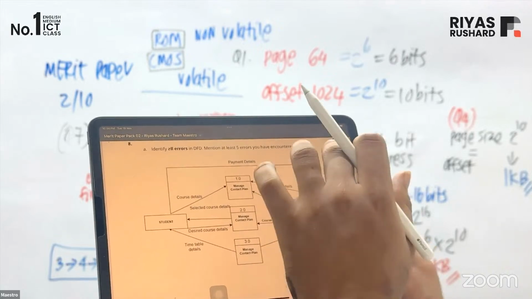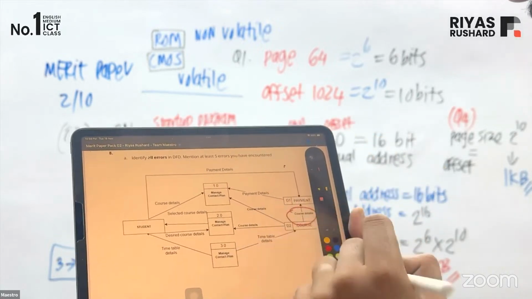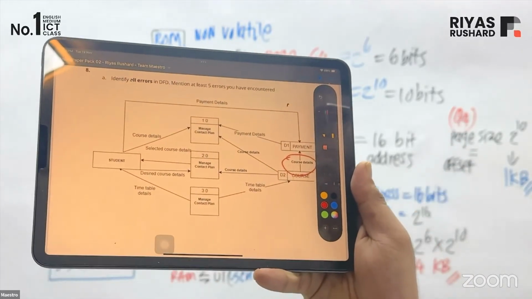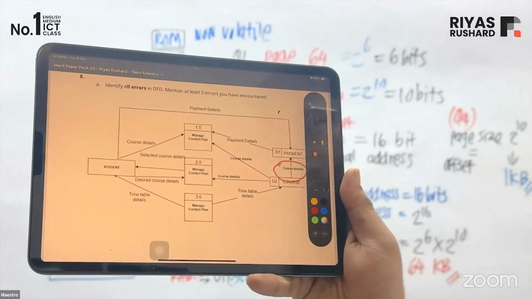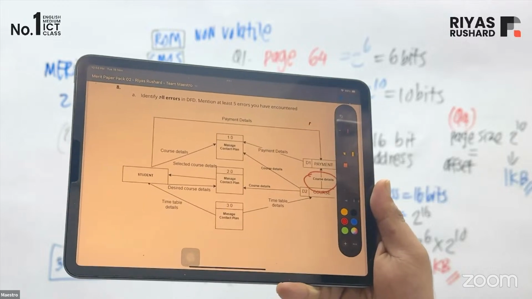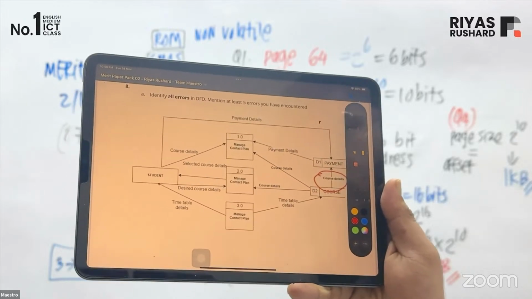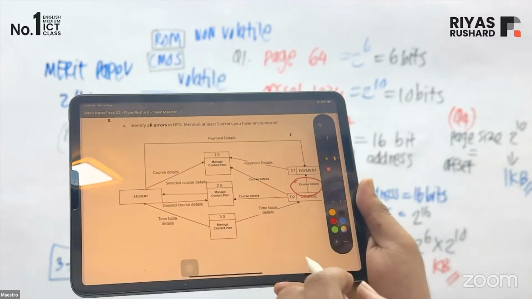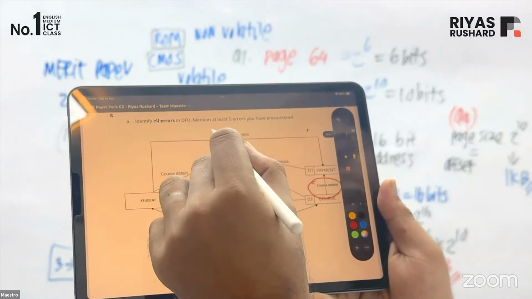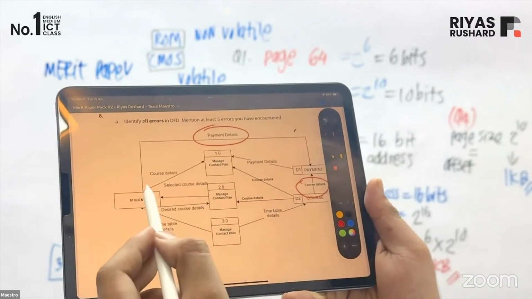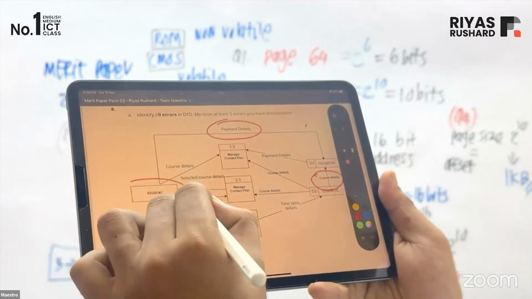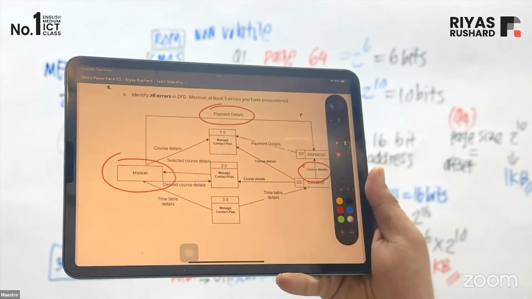Number one, you cannot have data store to data store flow. You cannot have it here. That is an entity to a data store. This should be oval. This is an oval.